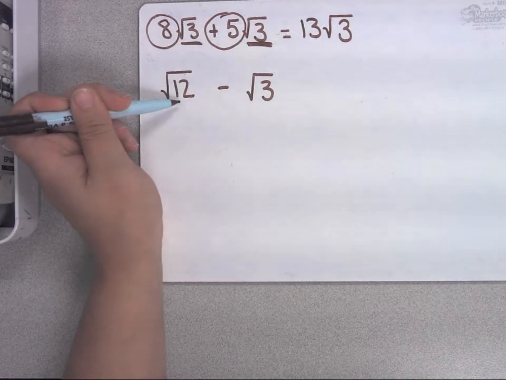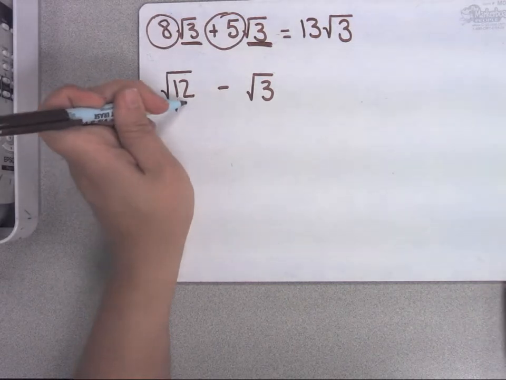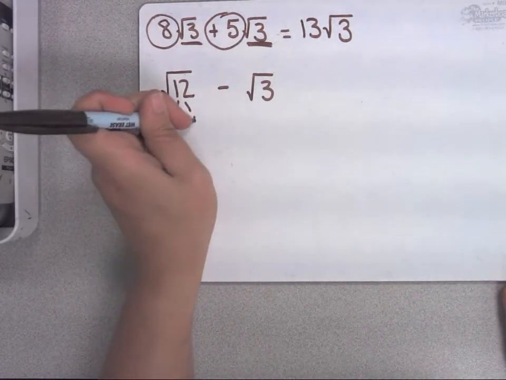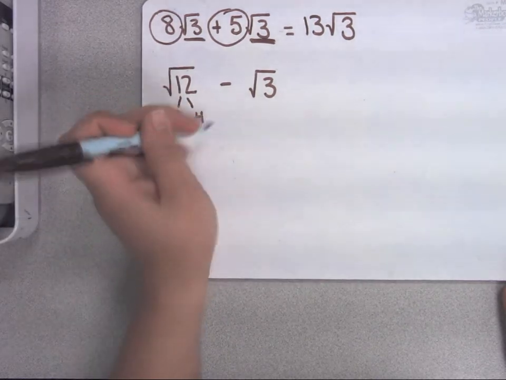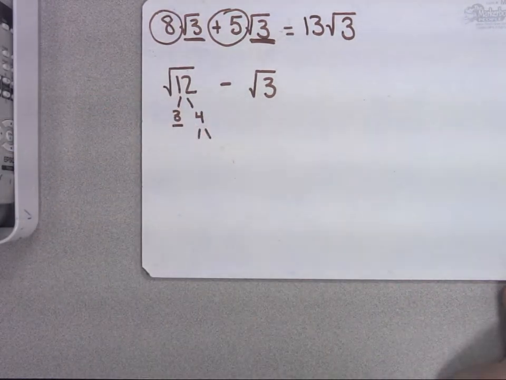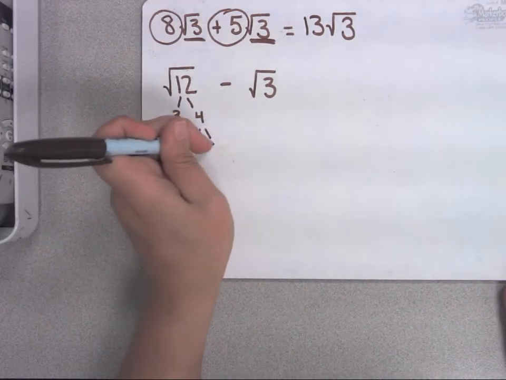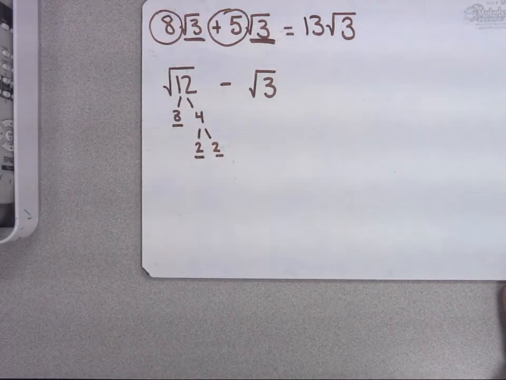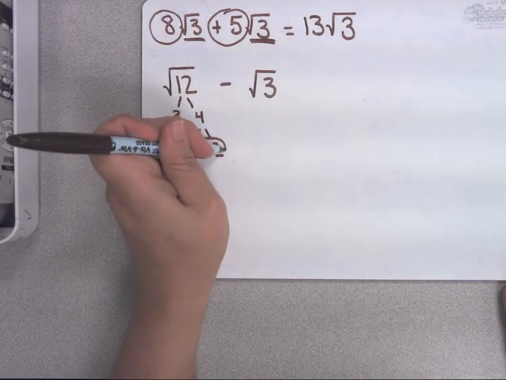Is it maybe a double-digit number that maybe can be simplified, like we did in the beginning? Yes. So we go, what times what makes 12? 3 times 4. Well, 3 is a number that can't be broken down, but 4 can be. 2 times 2. 2's are both underlined, so we got 3 numbers underlined. Any like terms? I see 2 2's.